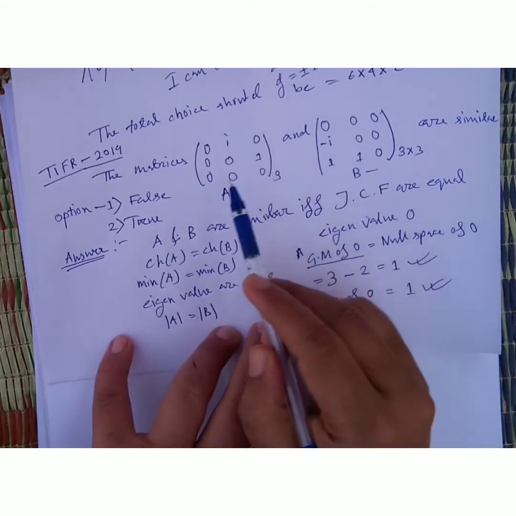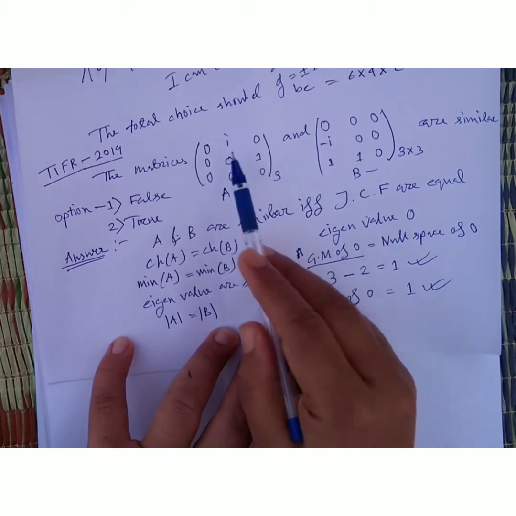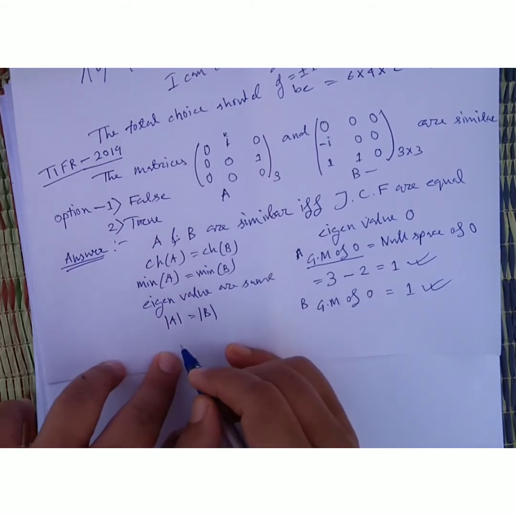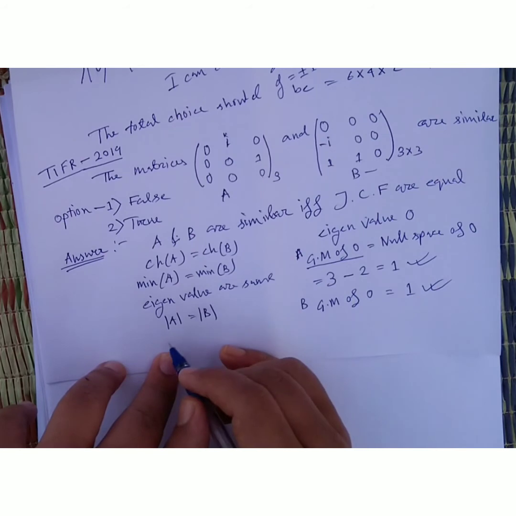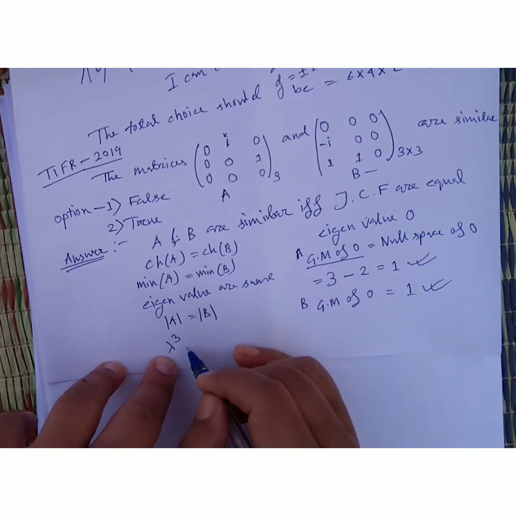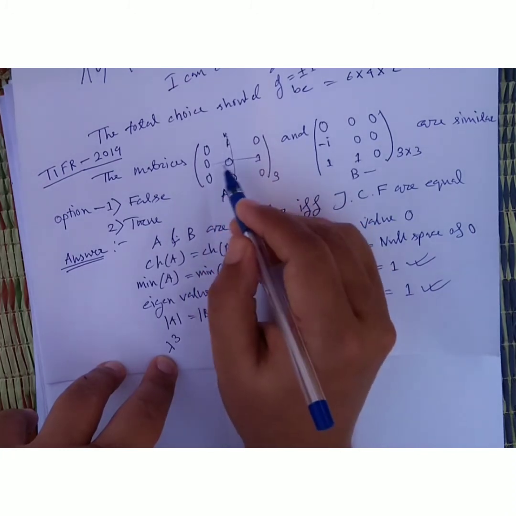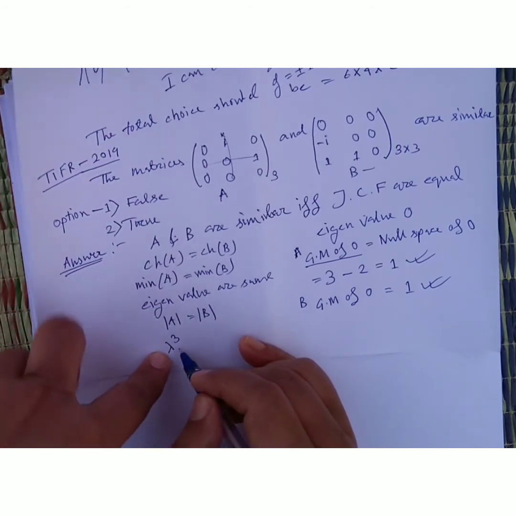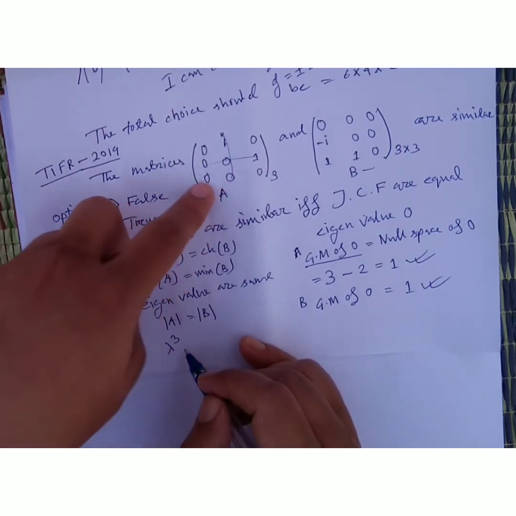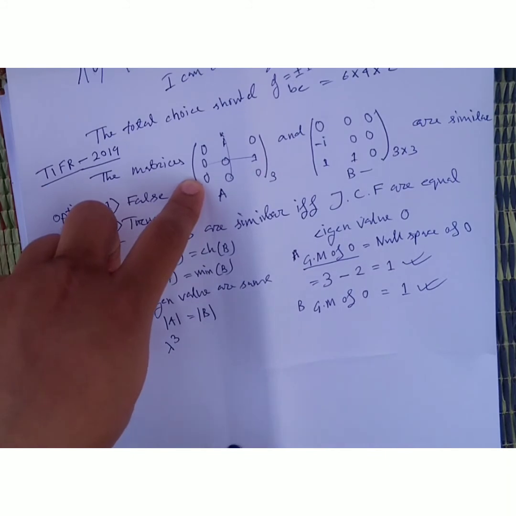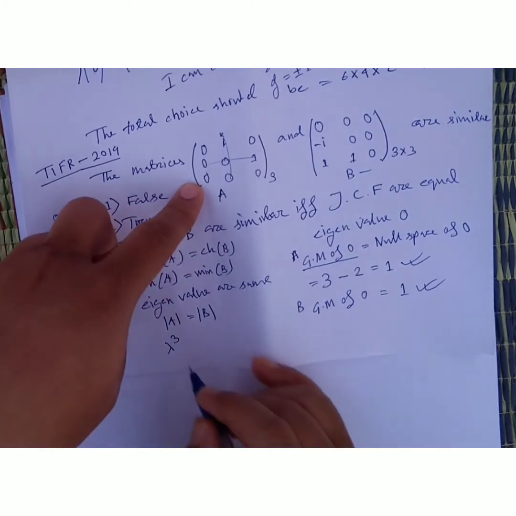And if we find the eigenvalues, we get lambda cube equal to 0, so the eigenvalues are all 0.